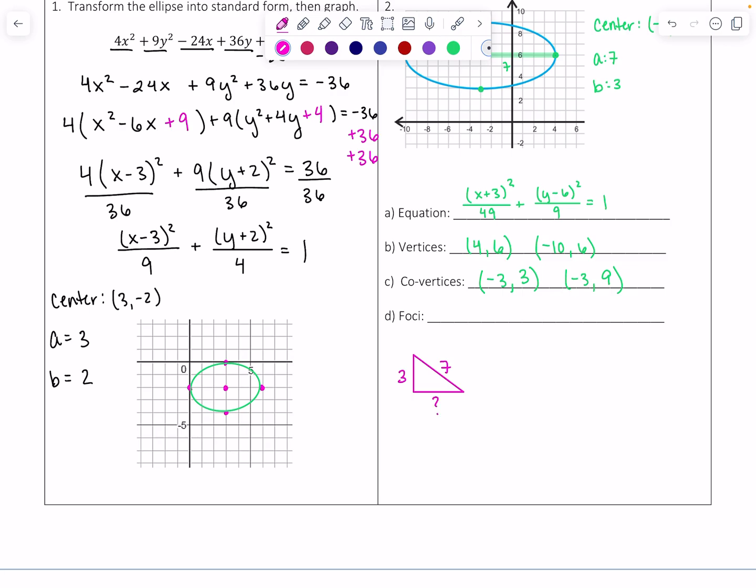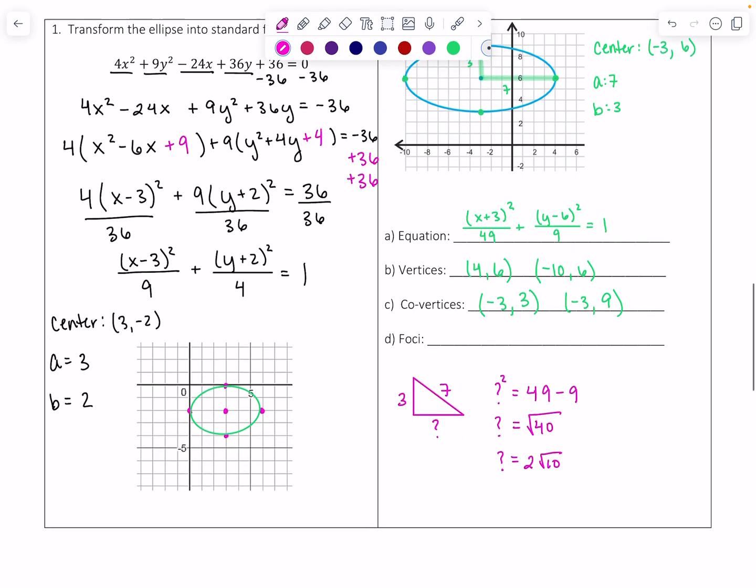So we're finding our mystery leg here that we have. So we're going to go ahead and say that our mystery amount is equal to the square root of 49 minus 9. Sorry, I should say squared. So our mystery amount is equal to the square root of 40, which is equal to 2 square root 10.